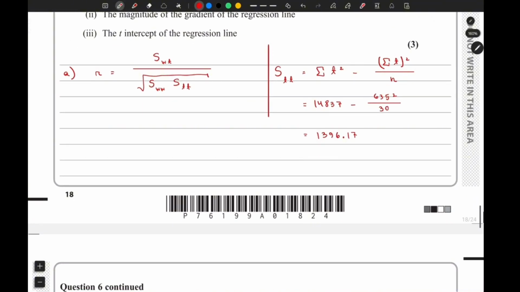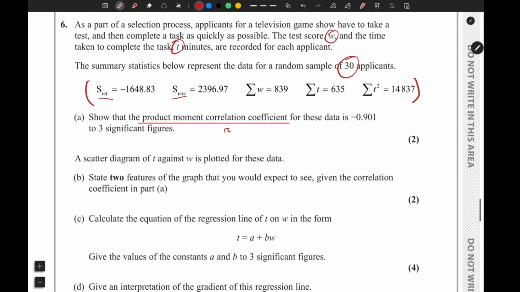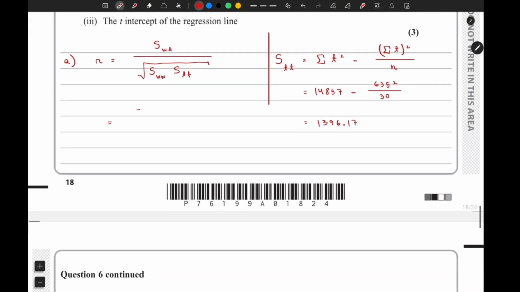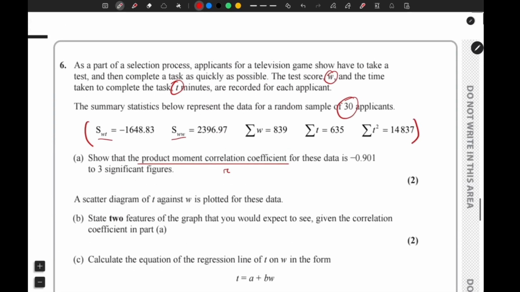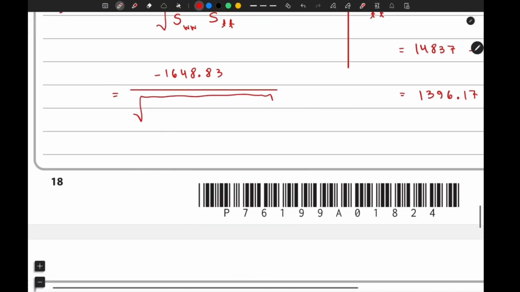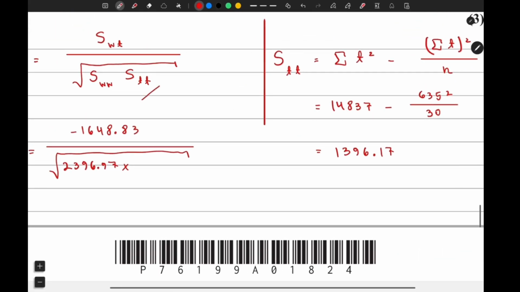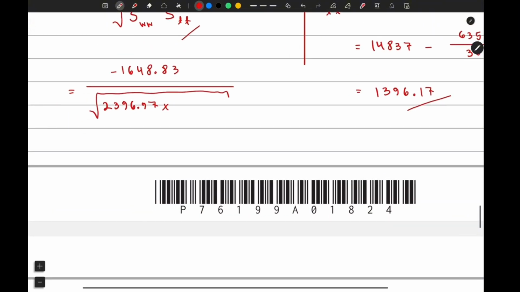Now we can just substitute the values. The summary statistic of W and T is minus 1648.83, divided by the square root of the summary statistic of W, which is 2396.97, times this value, 1396.17.